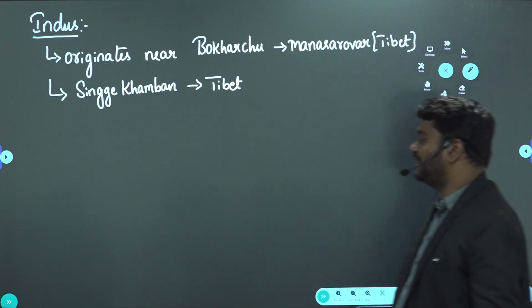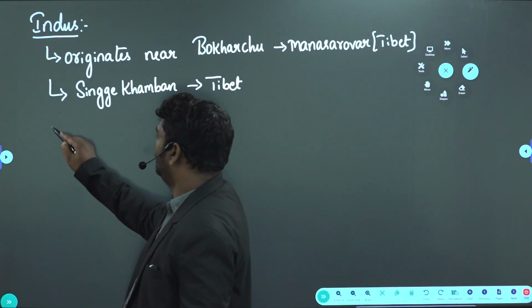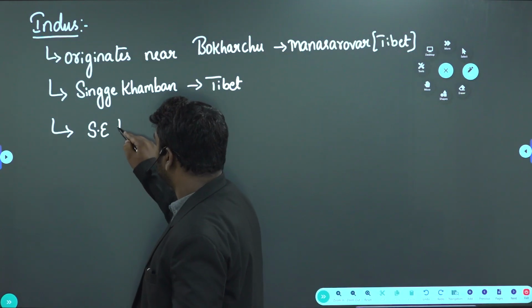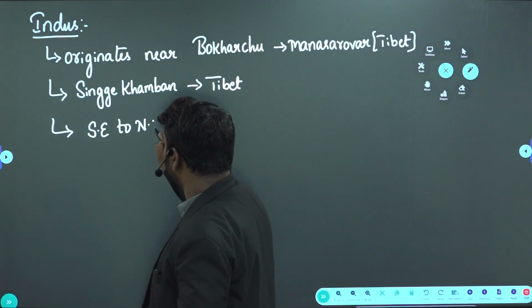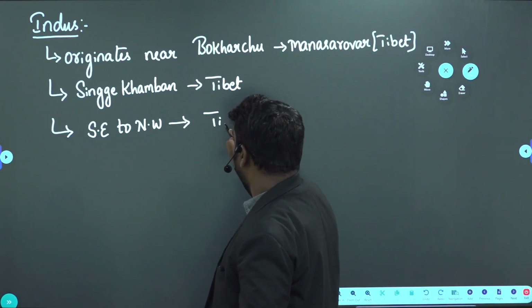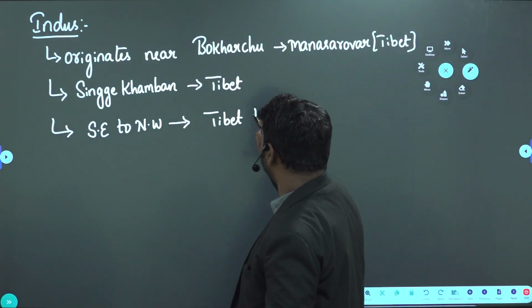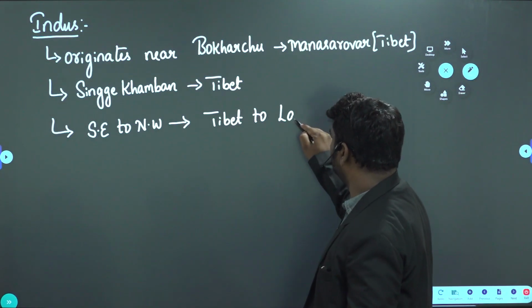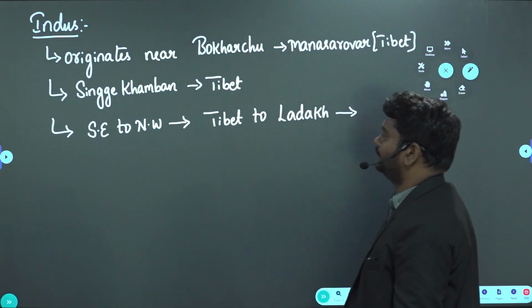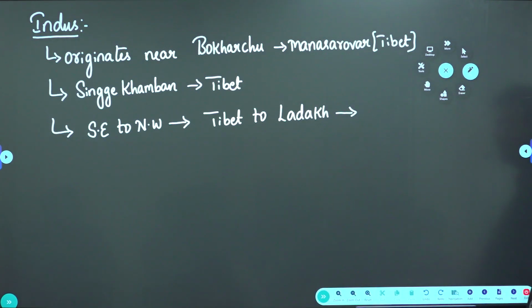It flows very little in India. Initially it flows from southeast to northwest, from Tibet to Ladakh.